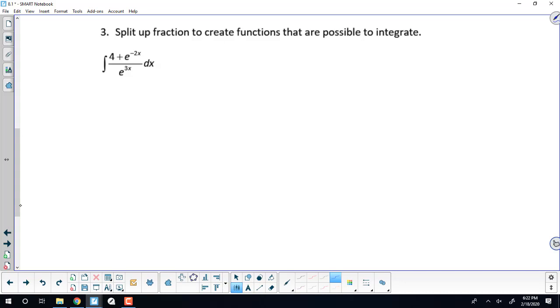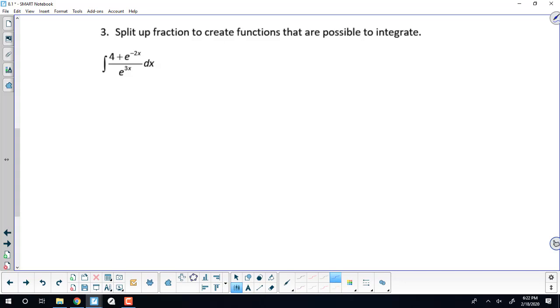Okay. And oftentimes more than one approach works, but this one does say split up the fraction. So that's always a viable option. If you've got a bunch of stuff added or subtracted, divided by a single thing, generally you want to split that up. So that pattern should be well recognized at this point.